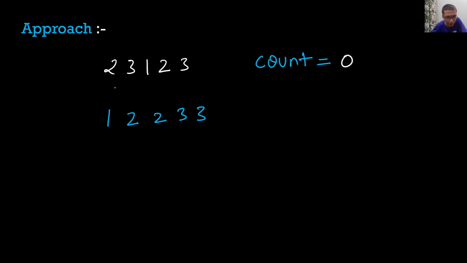Now, other than the first element inside this array, we are comparing each and every element in this array with its previous element, right? So what I would do is I would simply initialize my count from 1 instead of 0.